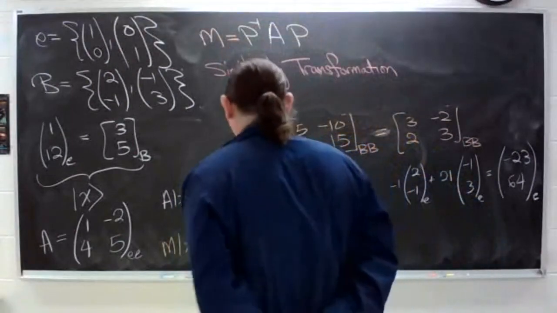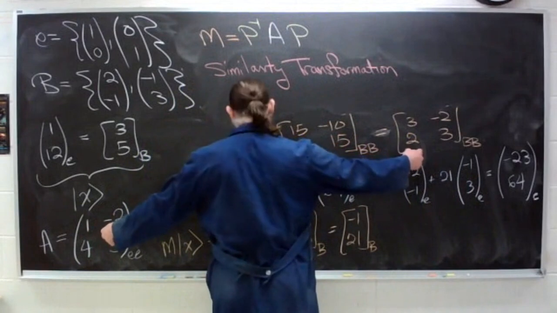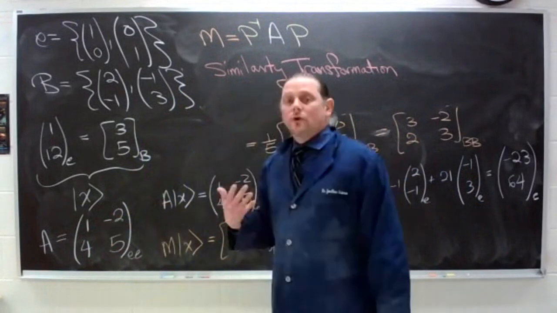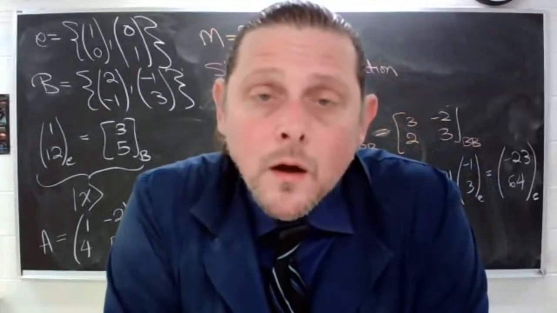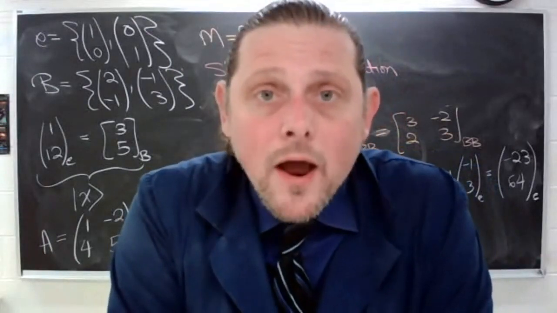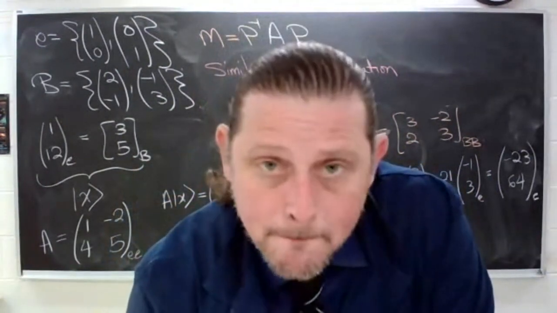All right, so while matrix A and matrix M certainly do not look the same, there are characteristics of these two matrices that must be the same, precisely because they are similar matrices. All right?